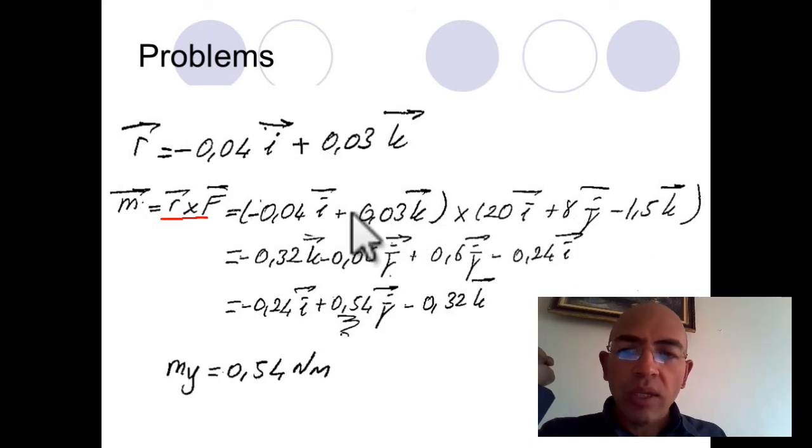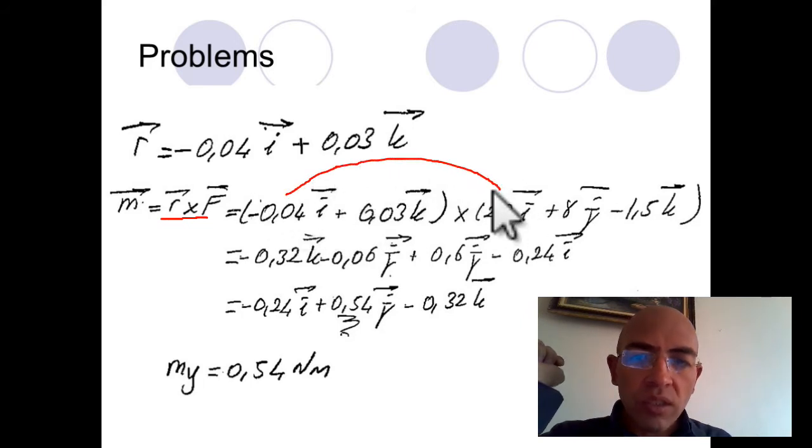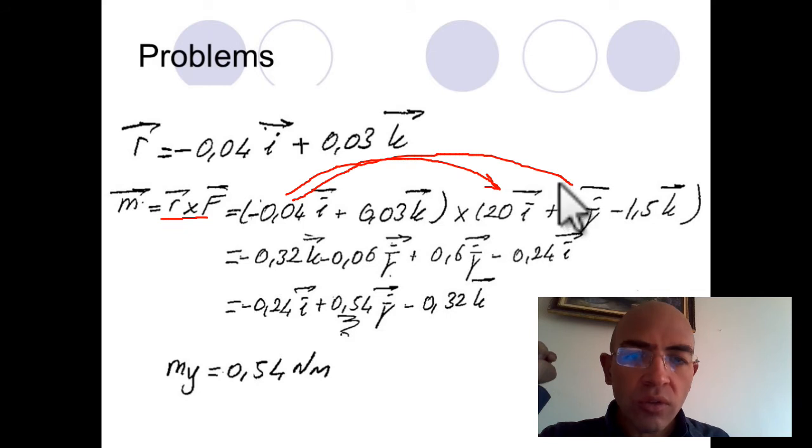Now we will multiply each term one by one. First we will multiply this term with this term. i multiplied by i is 0, so this doesn't have any contribution. Next is multiplying this term with the second term in the force vector.